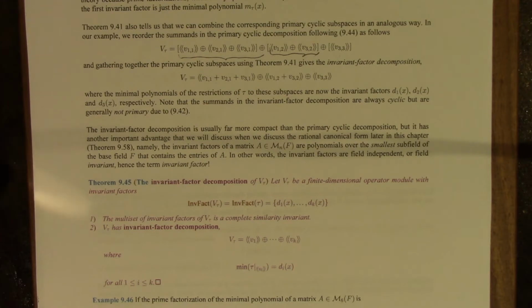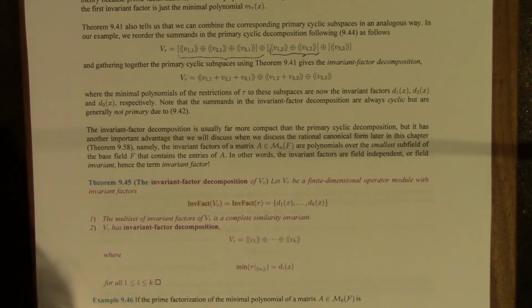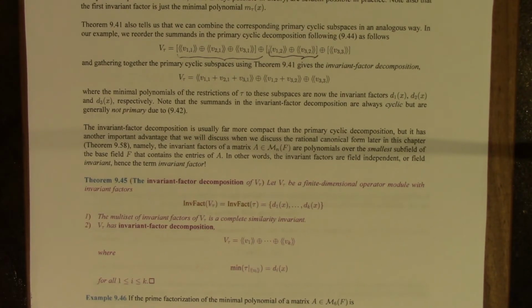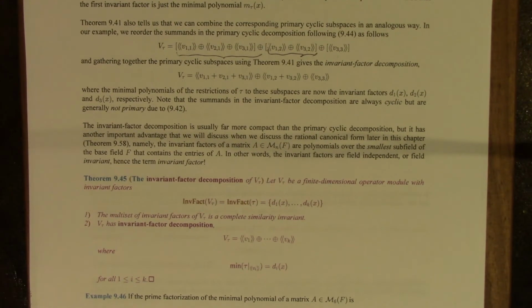They don't vary if you raise the base field. That's why they're called invariant factors. We're also going to see that the invariant factors can be produced by an algorithm that does not require factoring nasty polynomials. So the invariant factors are computable, whereas the elementary divisors are not necessarily computable. Depends on whether you can do the factorizations.